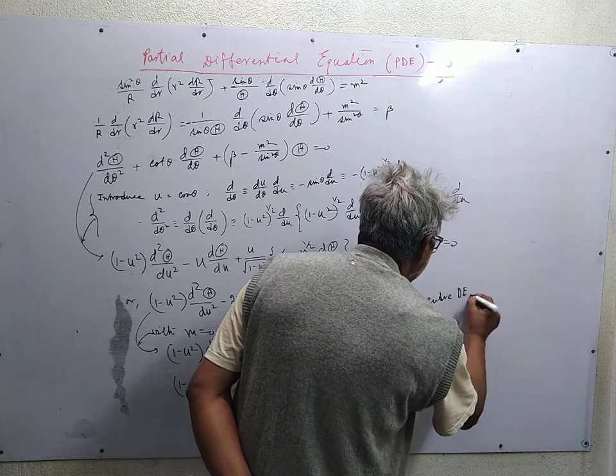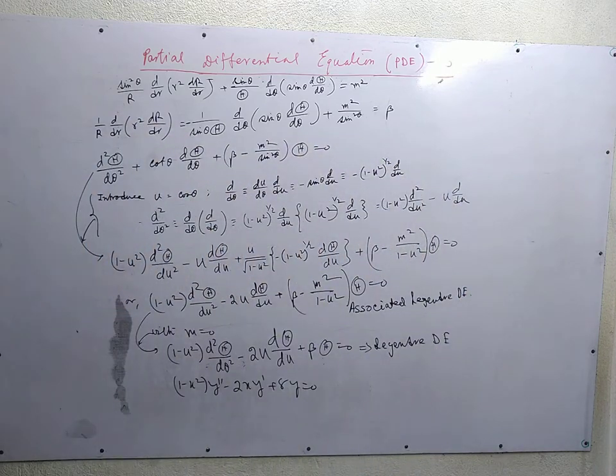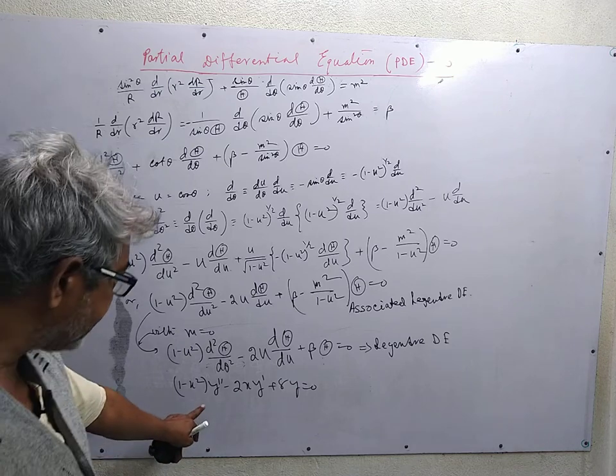We know that the solution of the Legendre differential equation is obtained in the form of an infinite series, and the infinite series solution diverges at x is equal to plus minus 1.